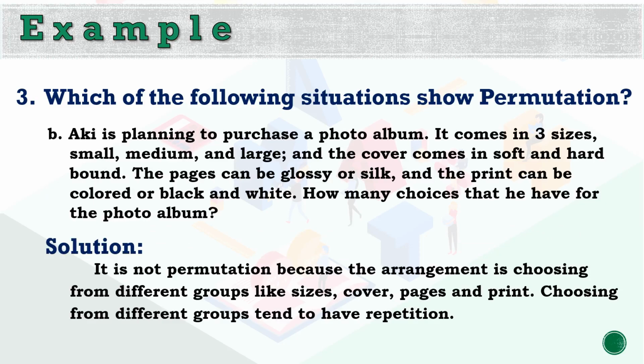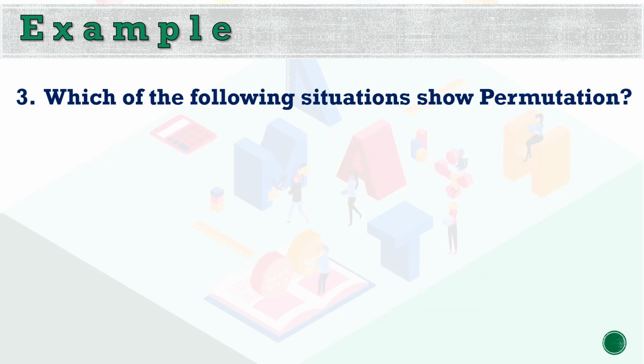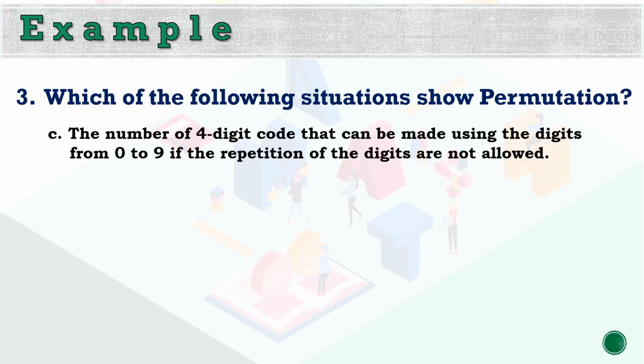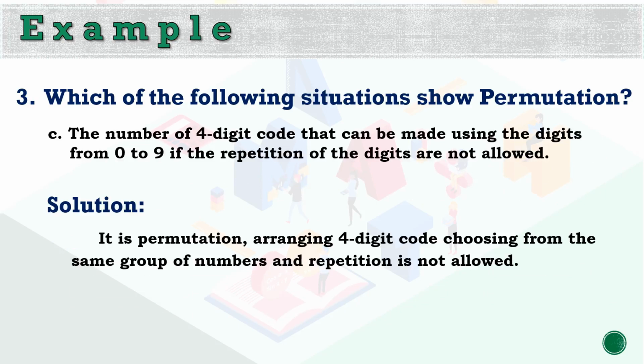It is not permutation because the arrangement is choosing from different groups like sizes, cover, pages, and print. Choosing from different groups tends to have repetition. For letter C, it is permutation. Arranging a 4-digit code, choosing from the same group of numbers, and repetition is not allowed.